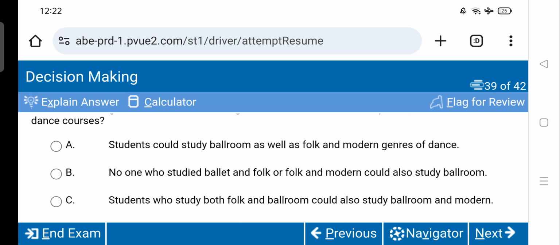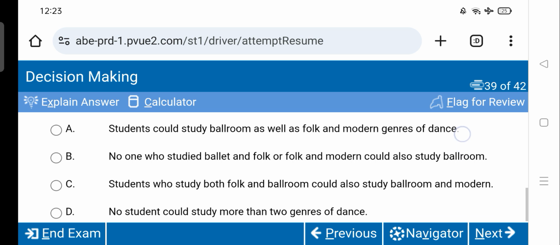Option A, students could study ballroom as well as folk and modern genres of dance. Option B, no one who studied ballet and folk or folk and modern could also study ballroom. Option C, students who study both folk and ballroom could also study ballroom and modern.